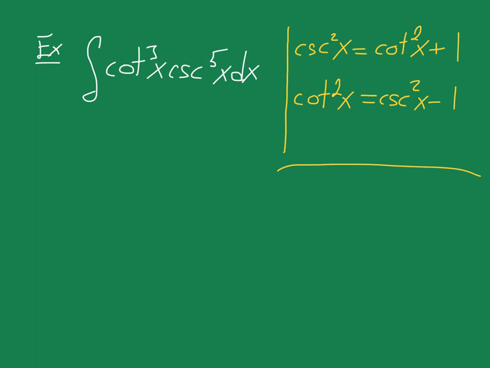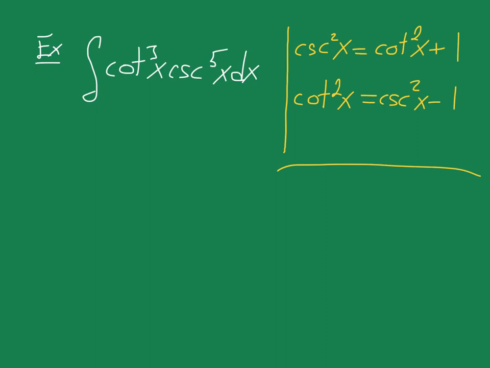So in this video, I want to look at integrating products of powers of cotan with powers of cosecant. The way that we approach integrals like this is exactly the same way that we approach integrals of powers of tan multiplied by powers of secant.